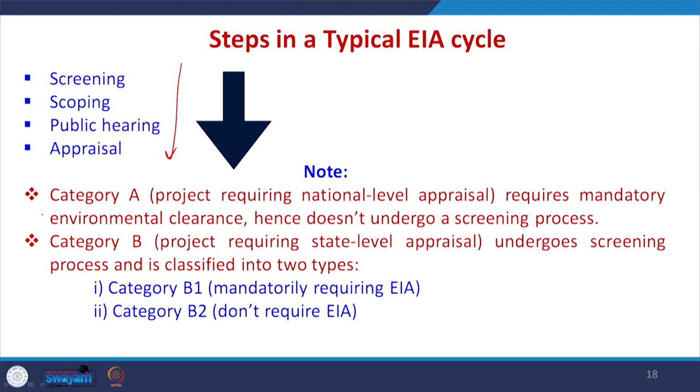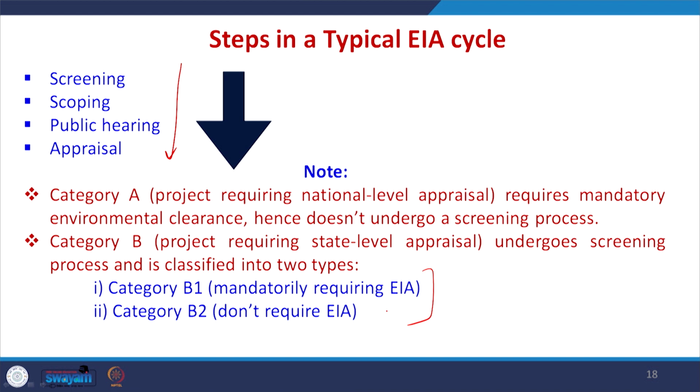There are a few types of EIA in India. So, category A involves projects requiring national level appraisal, which requires mandatory environmental clearance, hence does not undergo a screening process. Now, category B, projects requiring state level appraisal, which undergo a screening process and are classified into 2 types, B1 and B2.